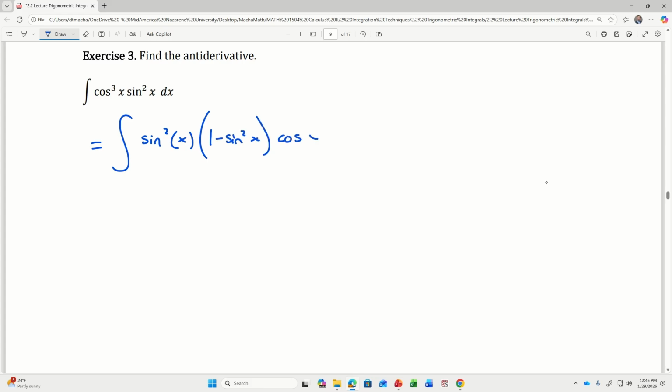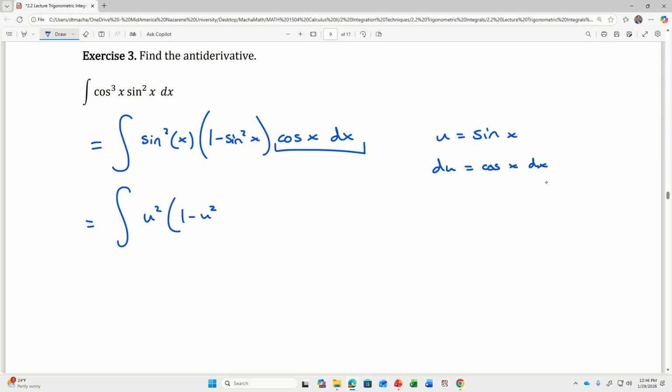And I'll be left with 1 cosine. That way when I make u equals sine of x, du is equal to cosine x dx. And I see this is my du. And I can replace all of those sines and then get u squared times 1 minus u squared du.